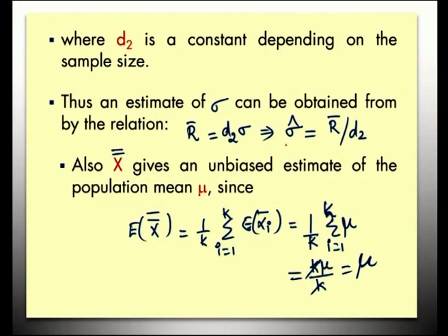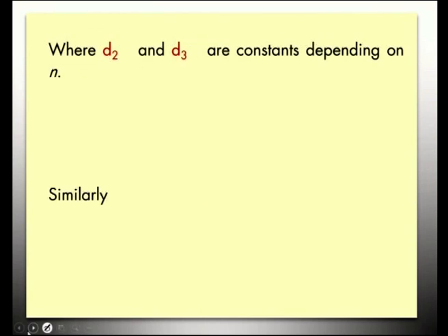Just see, we have already calculated sigma cap as R bar divided by d2, and this d2 and d3 are constants depending on n.